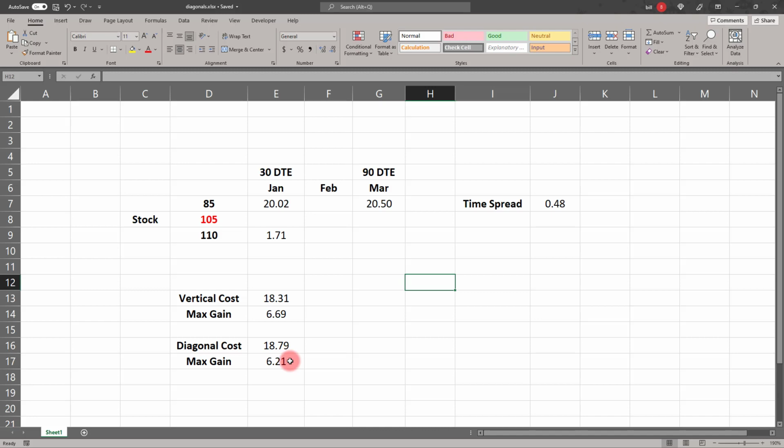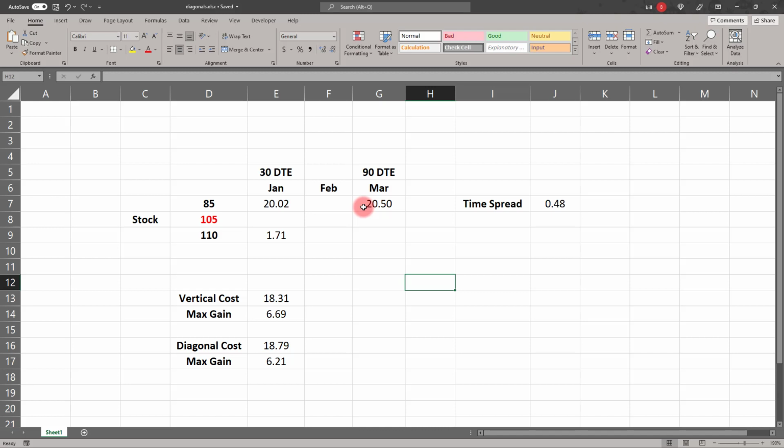Where is this coming from? This negative edge over here. That's why your vertical spread costs less and produces more. Now, there are a whole lot of other problems that could creep into this strategy. I'm not going to talk about them in this video. But first, just for a quick one, by buying the longer dated option at not really an advantageous price, you are giving the stock more time to move against you.